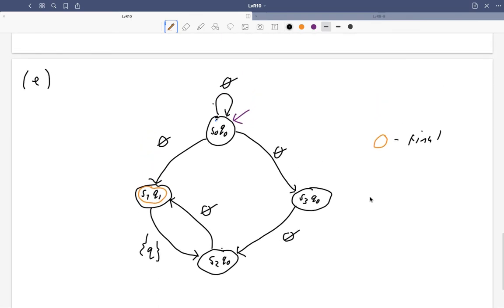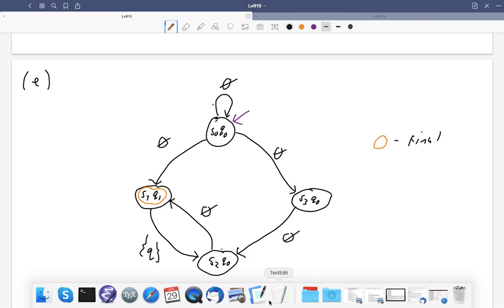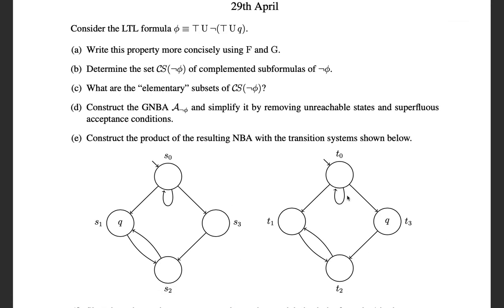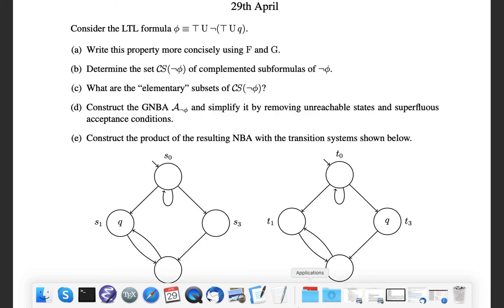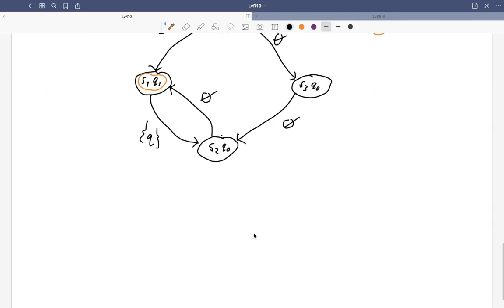And the second one, we have a very similar picture, only the Q is in a different position. So let me just very quickly draw this one without making too much fuss over it.